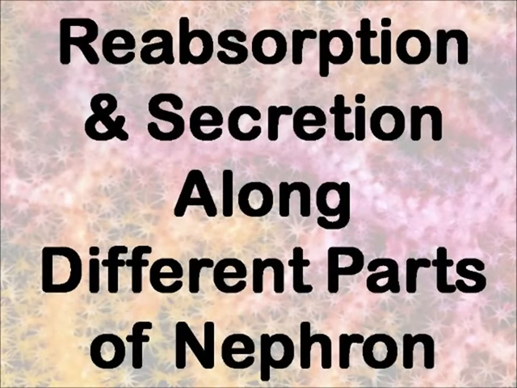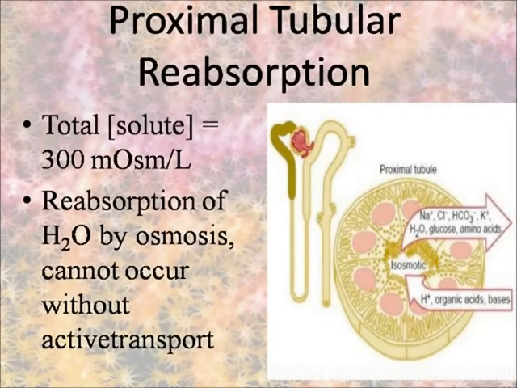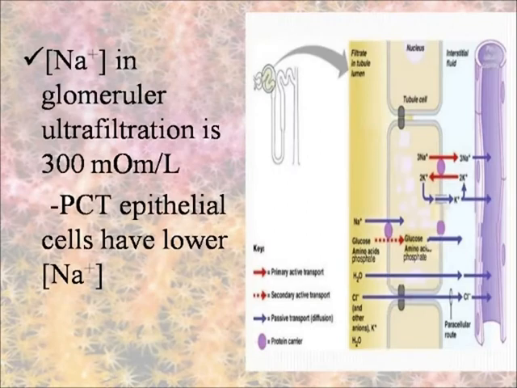Reabsorption and secretion along different parts of the nephron. Proximal tubular reabsorption. Total concentration of solute equals 300 milliosmol per liter. Reabsorption of water by osmosis cannot occur without active transport. The concentration of sodium ion in glomerular ultrafiltrate equals 300 milliosmol per liter.